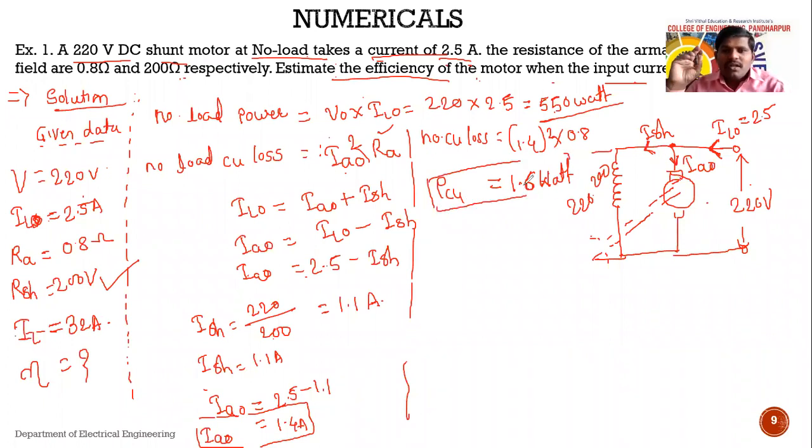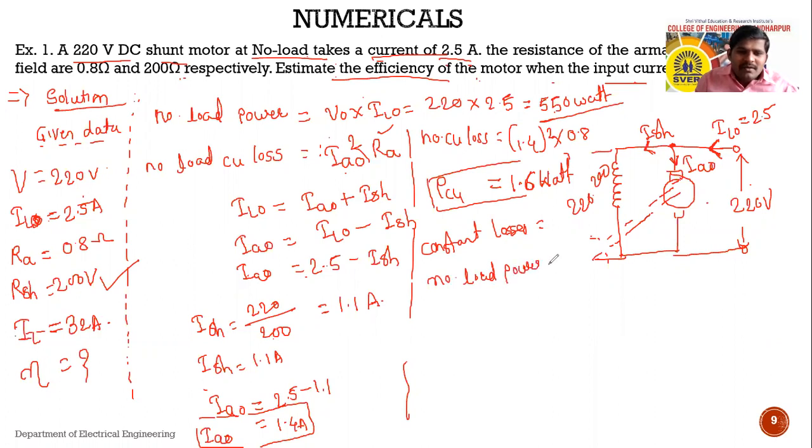You people know the input power taken by the motor. According to this, we are able to calculate the constant loss. So the constant losses are equal to no load power minus copper loss. No load power taken from the supply minus copper loss.